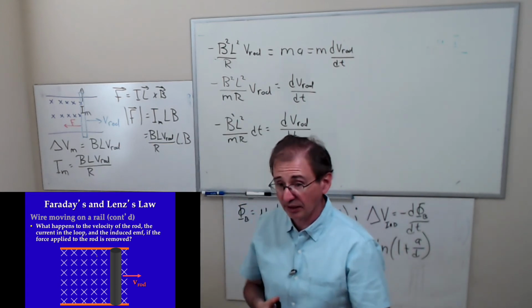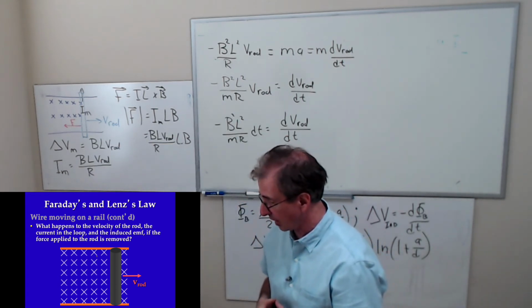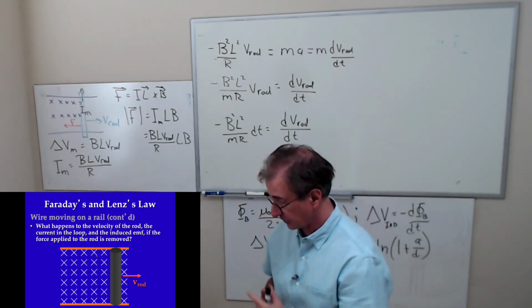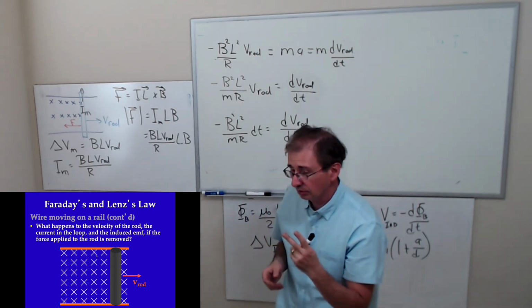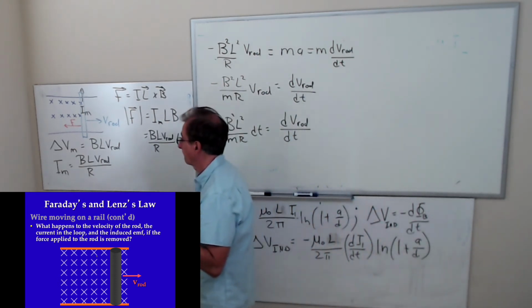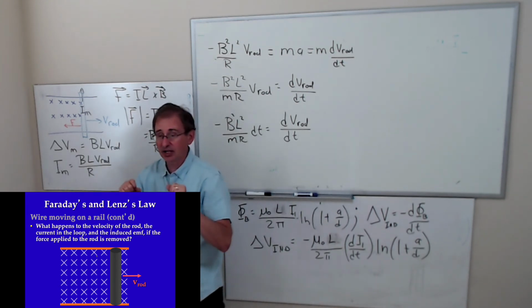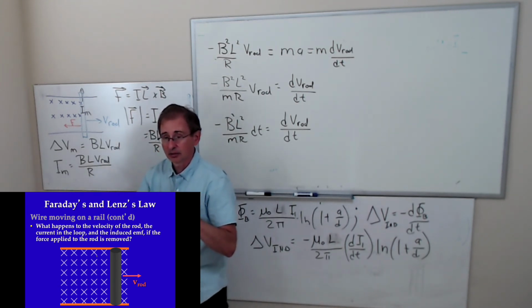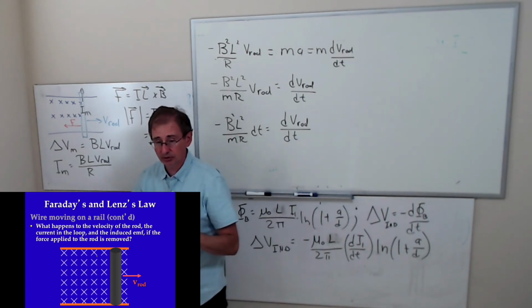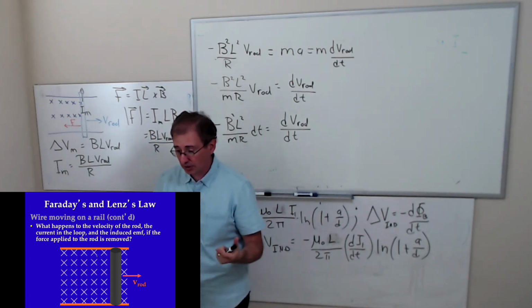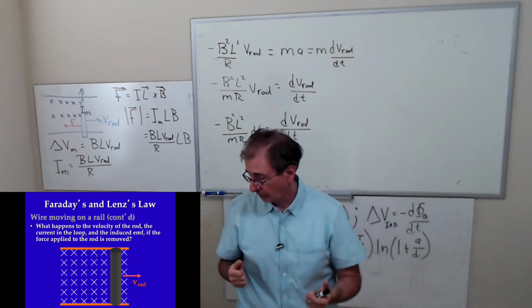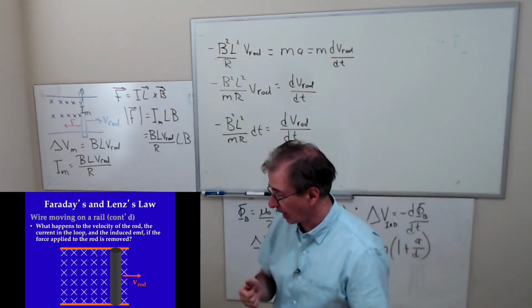I violated the law of conservation of energy, which is impossible. Number two, when I give it a push, this thing has kinetic energy. But then electrical energy is produced. Where does the energy come from? It comes from the kinetic energy of the rod.